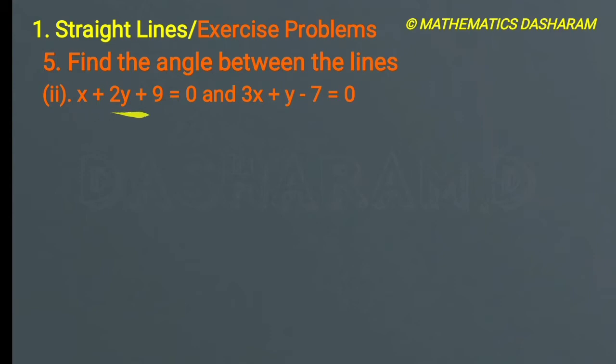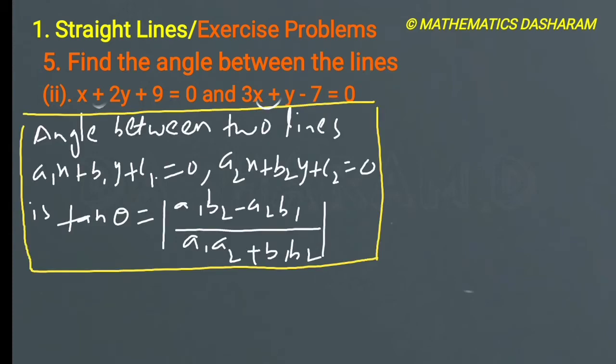Second question, x plus 2y plus 9 equals 0 and 3x plus y minus 7 equals 0. So the required formula is tan theta equals mod a1 b2 minus a2 b1 divided by a1 into a2 plus b1 into b2.